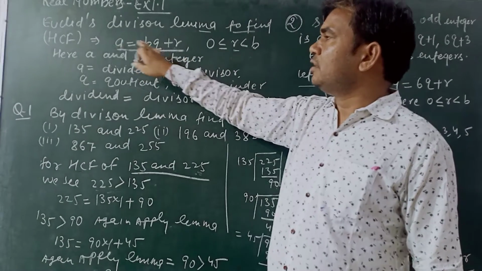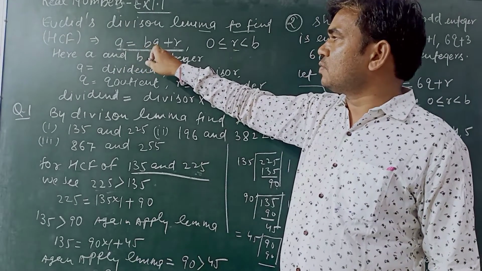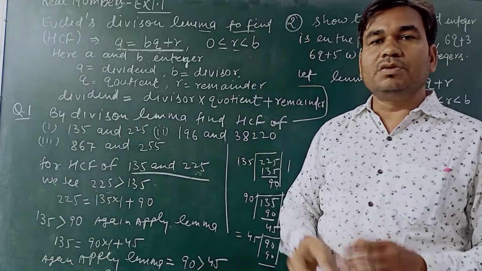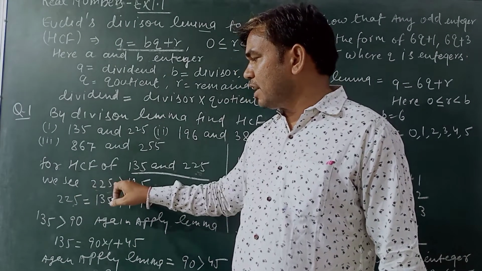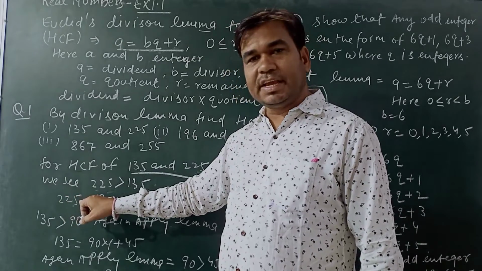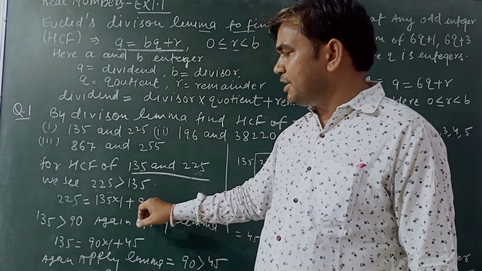It means a is the dividend, b the divisor, q the quotient and r the remainder. So first we take the greatest number, 225, and then 135 multiplied by 1 plus 90.